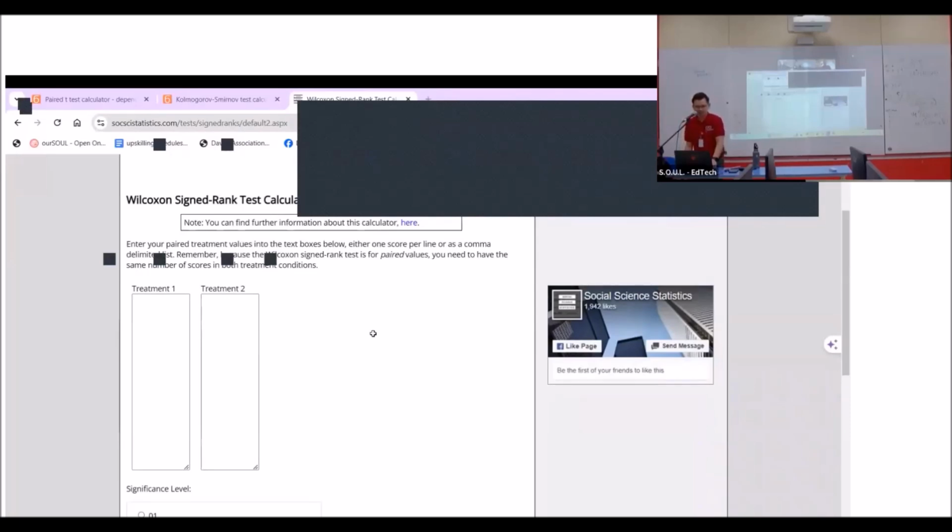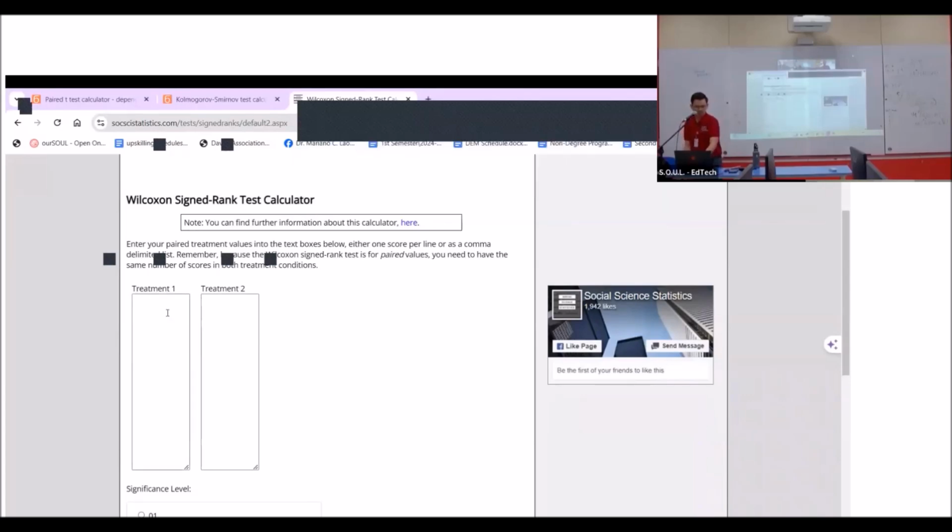I will select the class F pre-test and paste it at treatment 1, and then copy the class F post-test and paste it on treatment 2.